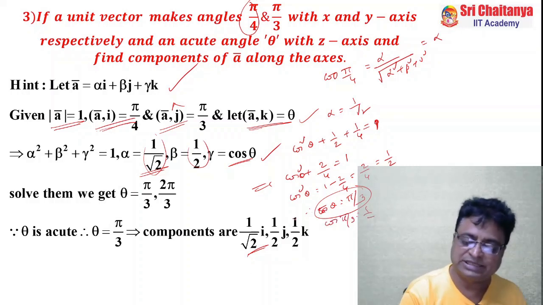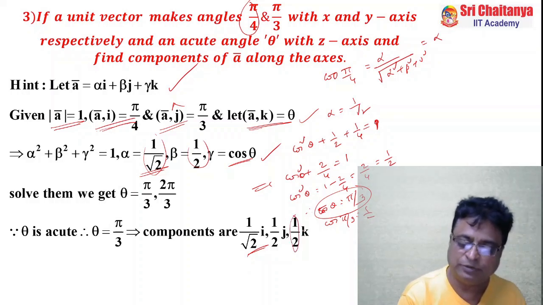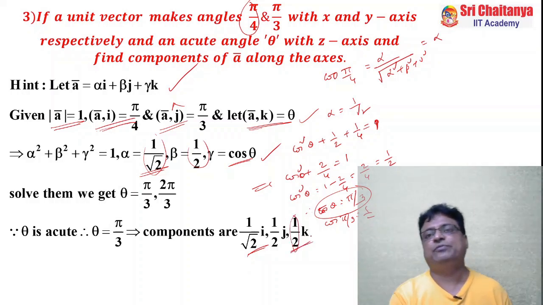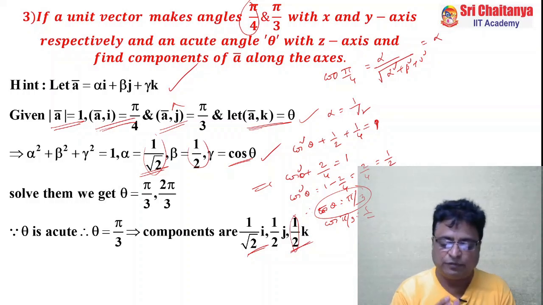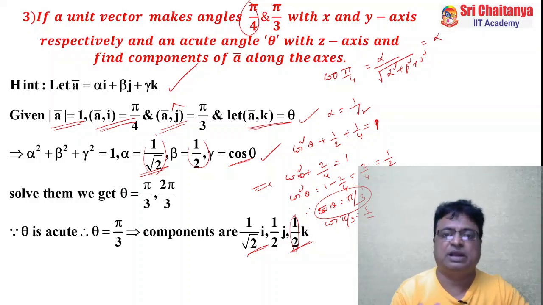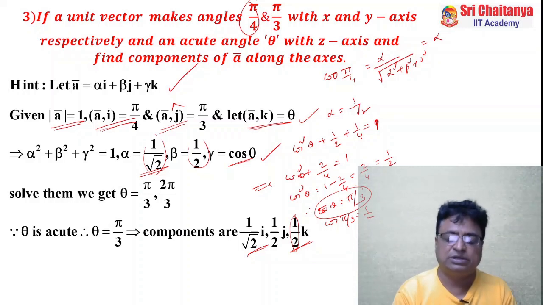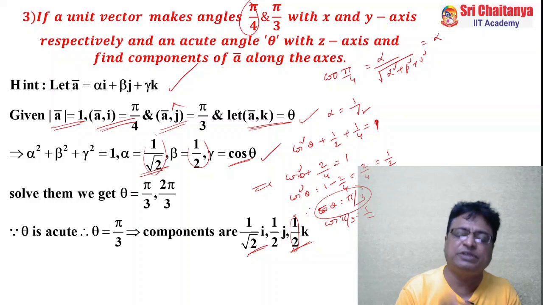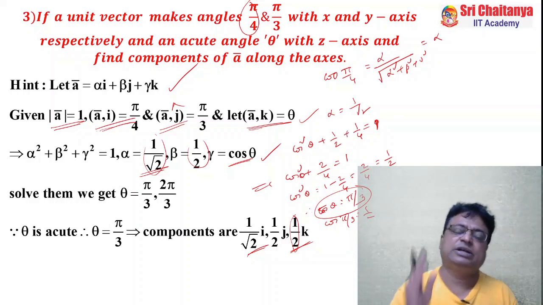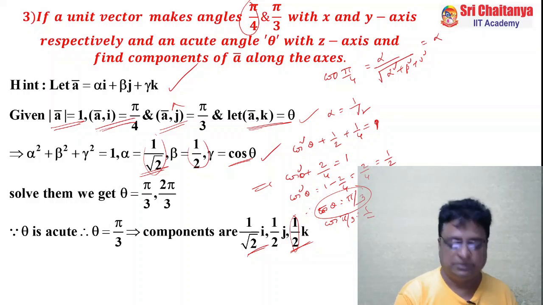So along the z-axis the magnitude is 1 by 2, so the component vector is 1 by 2 k. Whenever you want the component vector of a bar along something, first you need to find its magnitude, and you multiply that magnitude with the unit vector in that direction. I did the same. Okay.